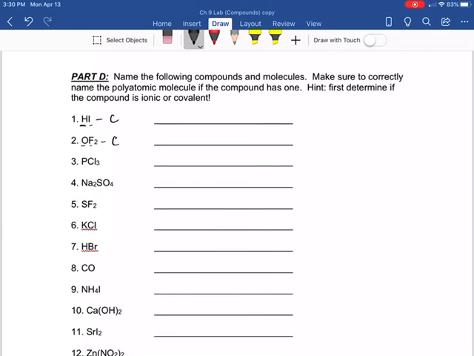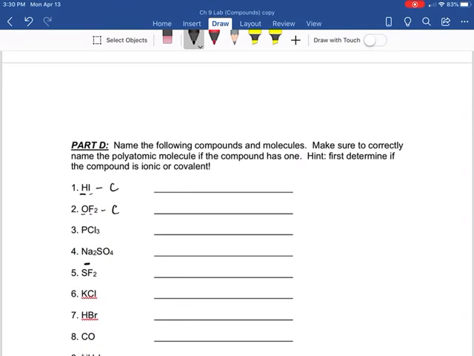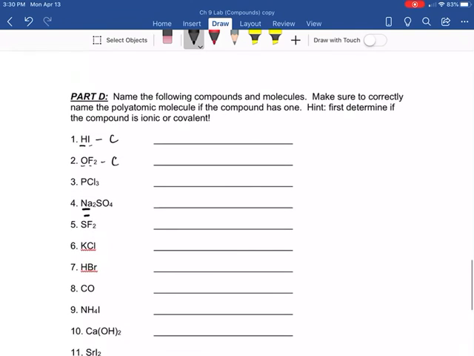O and F are both nonmetals. Okay? Then, like number 4, Na is a metal, and SO4 is a polyatomic ion. See how you've got 3 capital letters there? That means that you're dealing with a polyatomic ion, which means that you have an ionic bond.